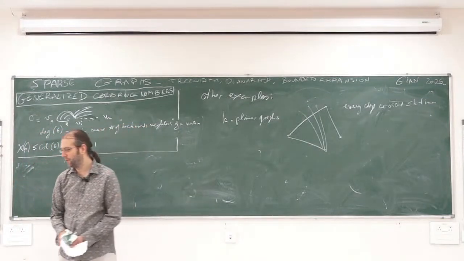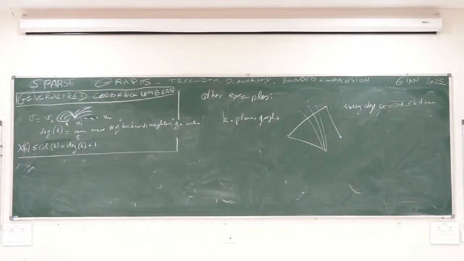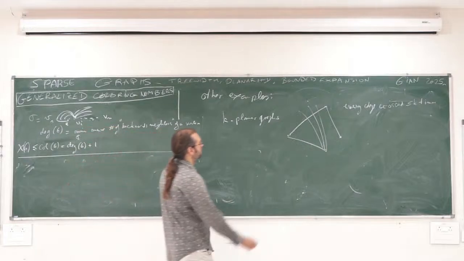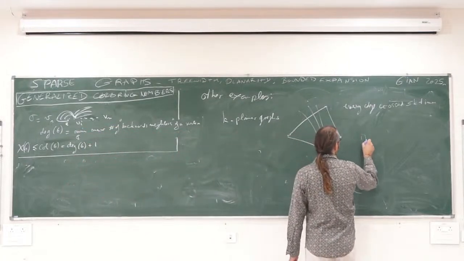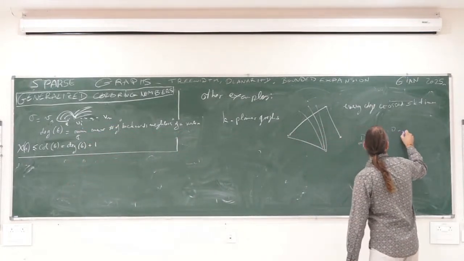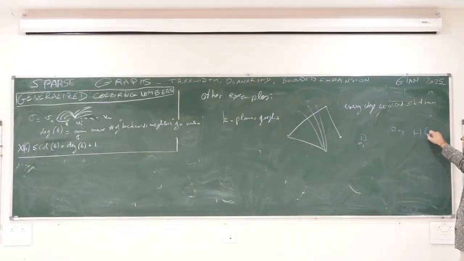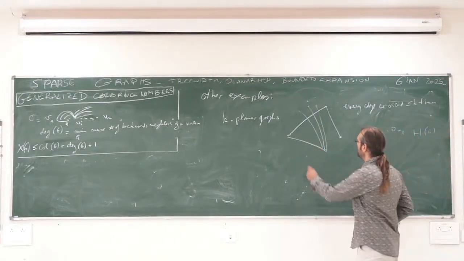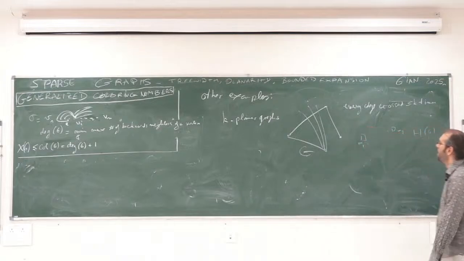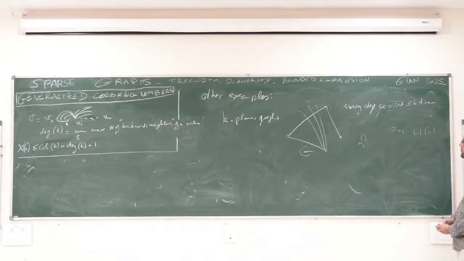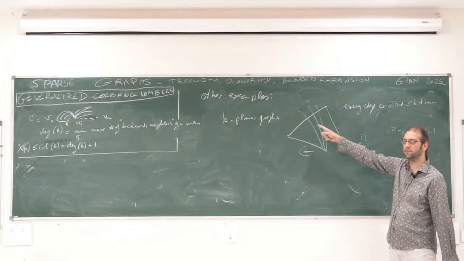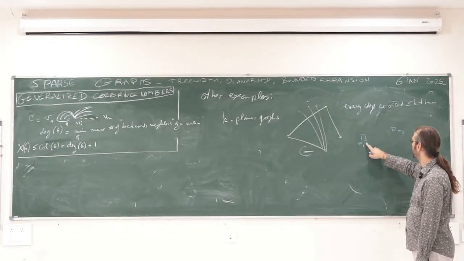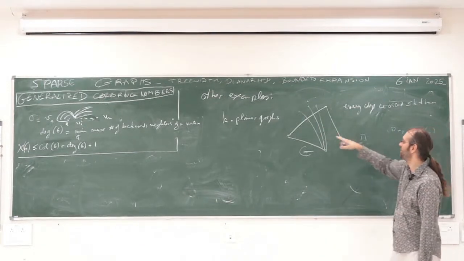In some sense, in fact, this can be generalized. It's a beautiful theorem, I think. You can make a new graph, say H, from G. This is G. Now what I'll do is draw an edge between two edges if in the original graph they cross.